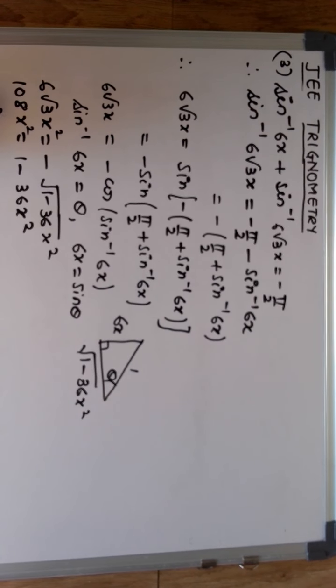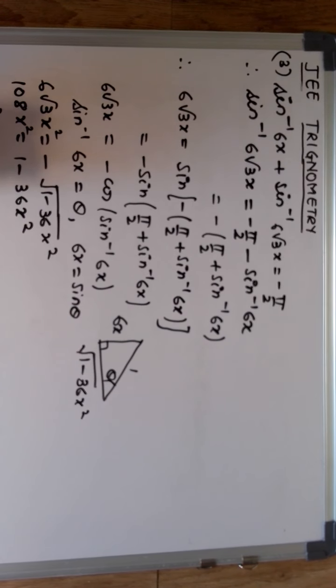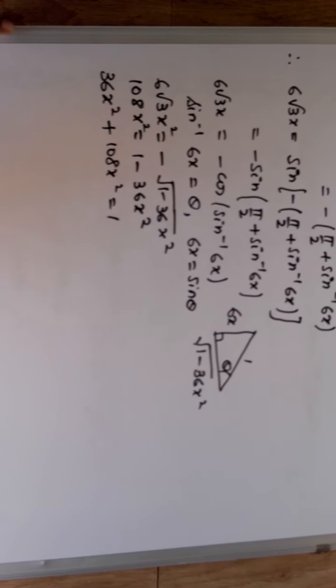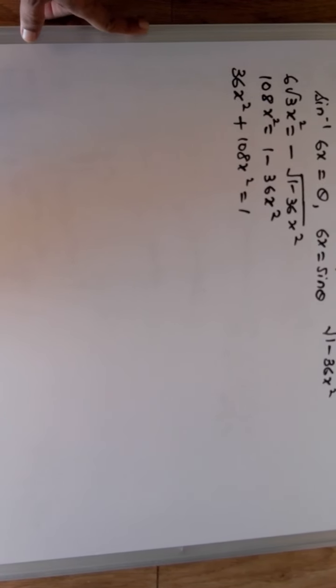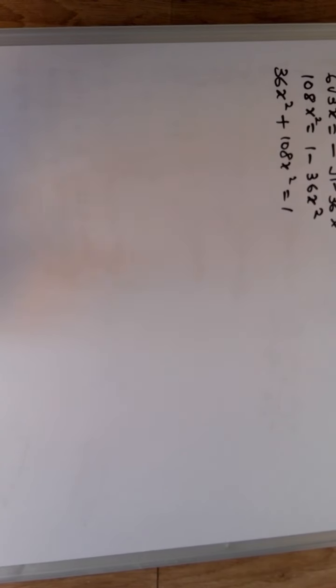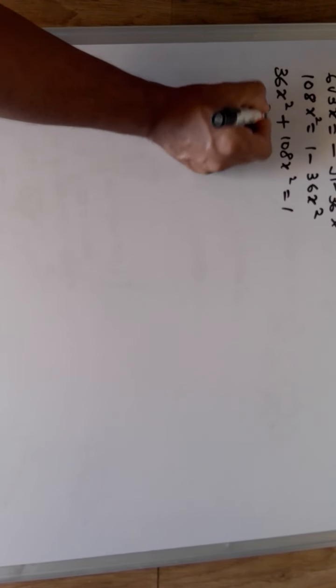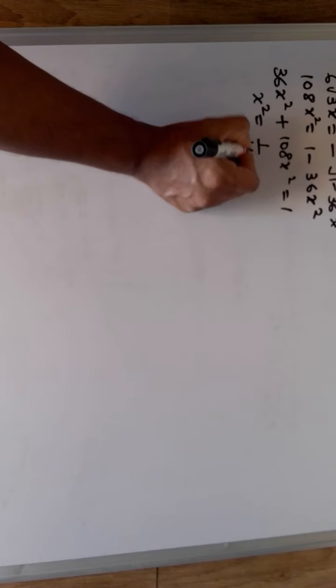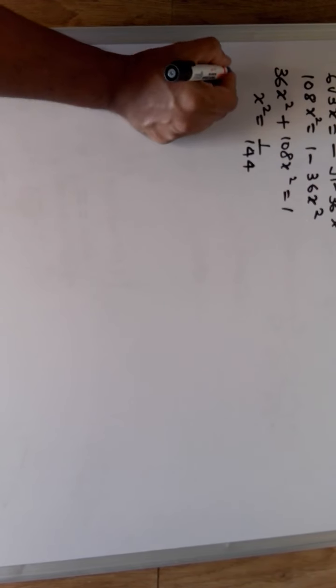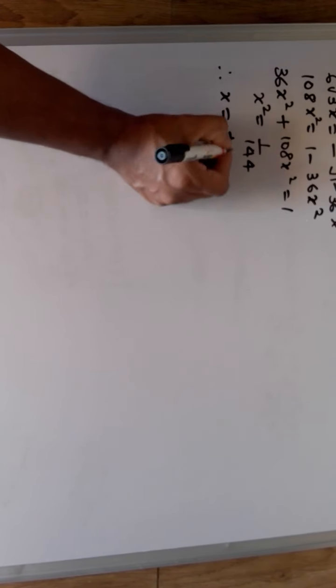So 36x square plus 108x square is equal to 1, and 36 plus 108, I think it will be 144, correct? Yes, it will be 144. So your x square is equal to 1 by 144, agreed, indicating your value of x becomes plus minus 1 by 12.